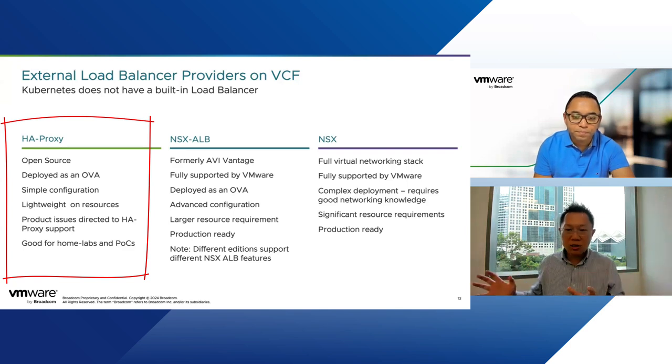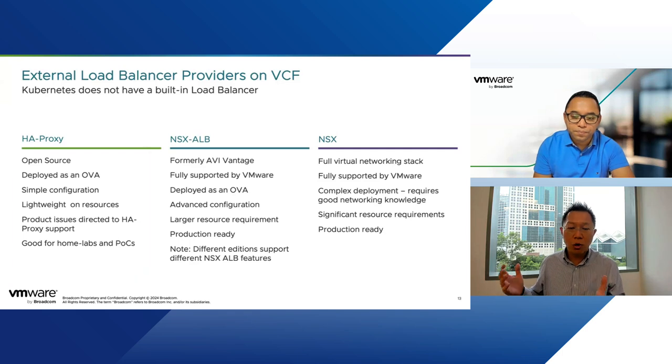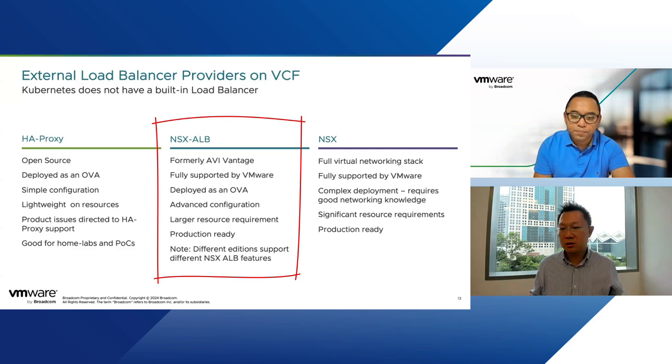If you're talking about a production setup with the VCF platform, then you have two options. One is the NSX Advanced Load Balancer, commonly known as AVI solution. Same thing, you just deploy a controller cluster, and with the latest release of vSphere 8.0 U2, you can integrate it with NSX Advanced Load Balancer or VCF networking, right?